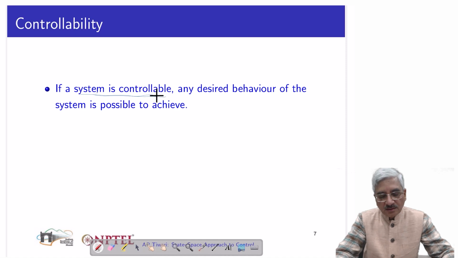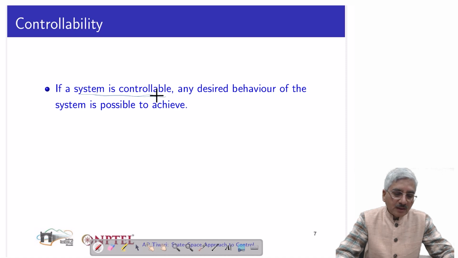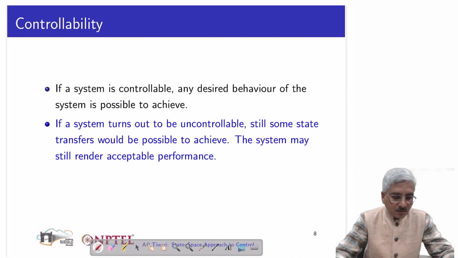Controllability is a kind of guarantee that by applying a particular type of input, a desired behavior from the system can be achieved. So it is a useful property which is required for design of controllers for the system.